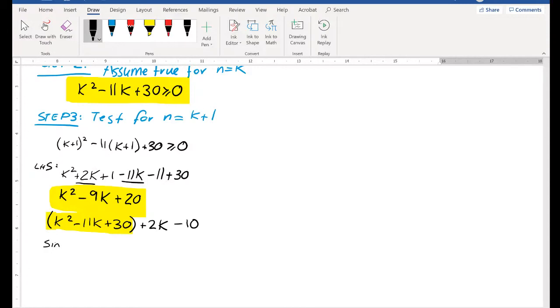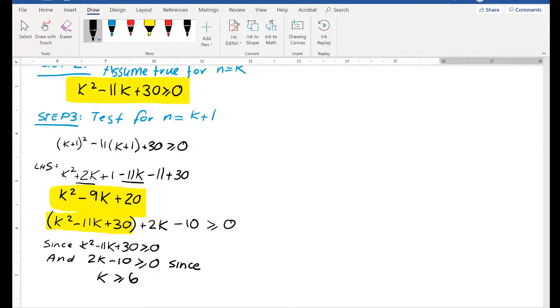Because since k squared minus 11k plus 30 is greater than or equal to 0, so that is greater than or equal to 0, and 2k minus 10 is also always going to be greater than or equal to 0 since k is always greater than or equal to 6.